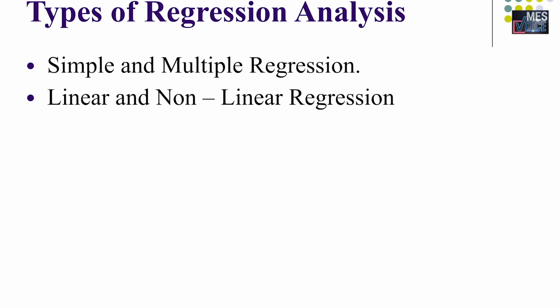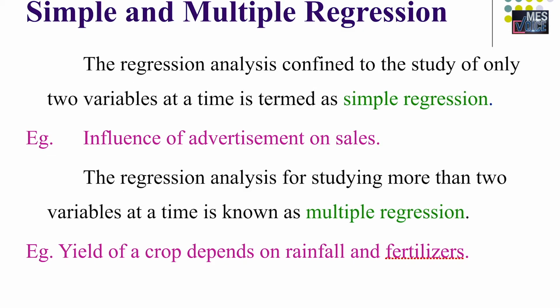Types of regression analysis. Four types of regression analysis are there: simple and multiple regression, linear and non-linear regression. First we discuss simple and multiple regression. The regression analysis confined to the study of only two variables at a time is termed simple regression.